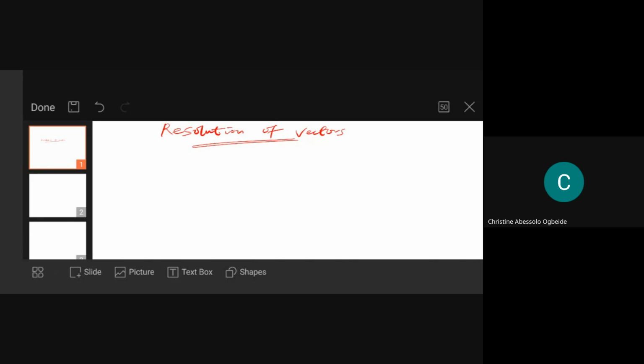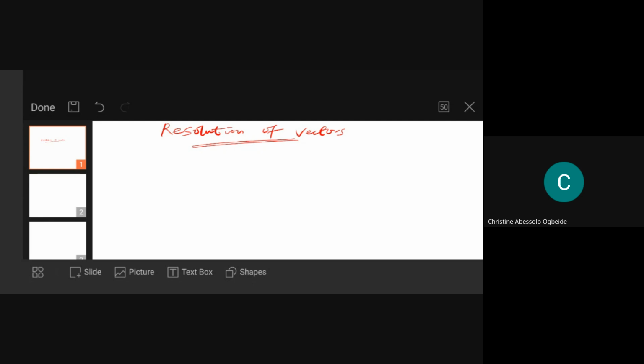Now, take note, suppose that we have a vector, let's say vector f. Remember, I gave you examples of vectors. It can be velocity, force, acceleration, weight, and the rest of that. The name might not really matter much in this aspect, but anything that has direction and magnitude is a vector.